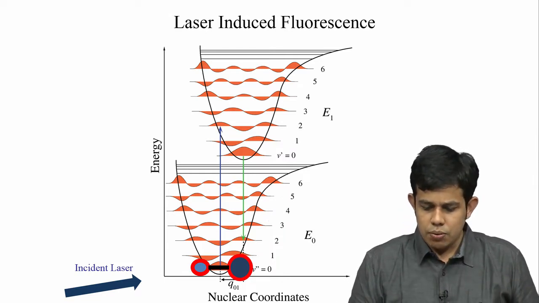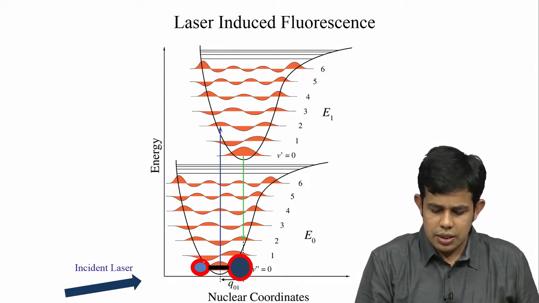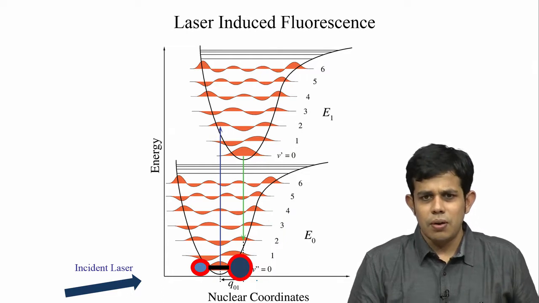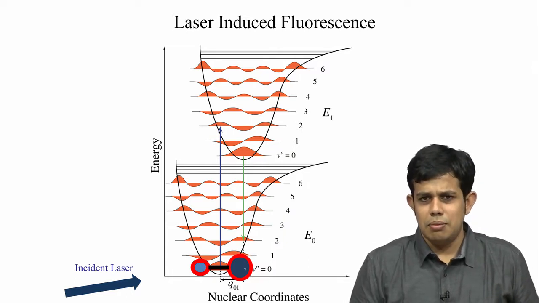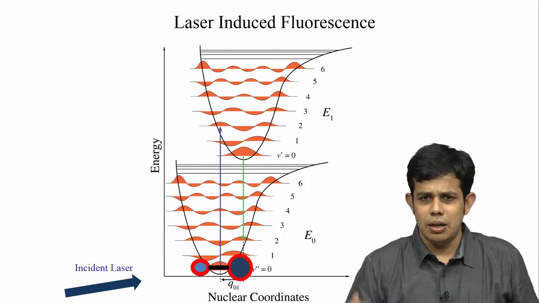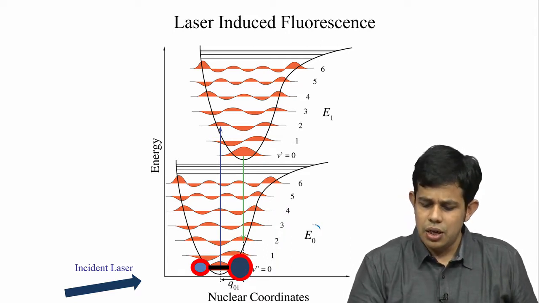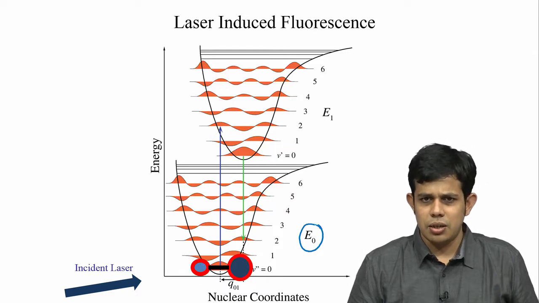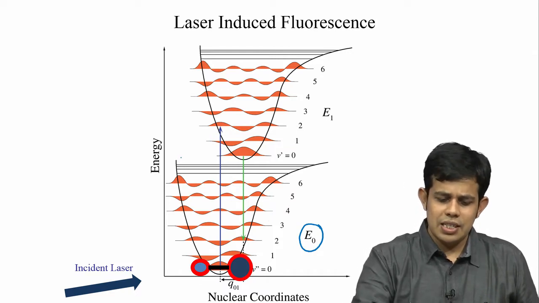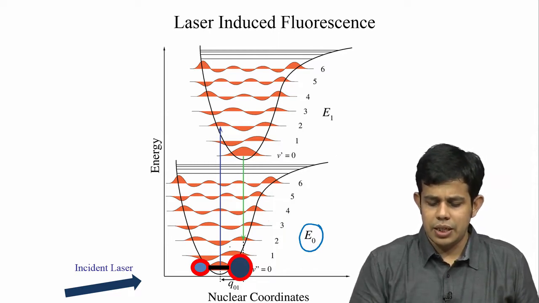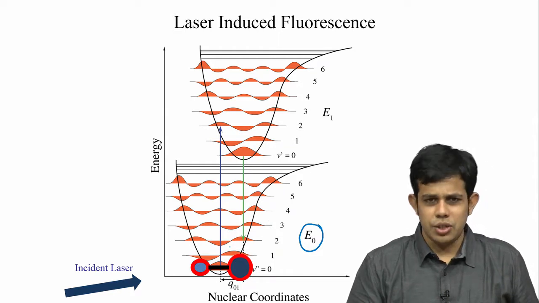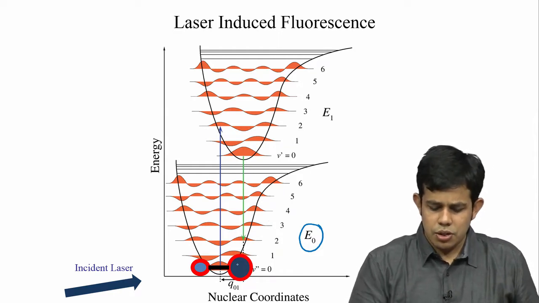Okay. So, as you see here, let us consider that this is an OH radical. This is H, this is O, and it is in a lower electronic state given by E0, and this is how a potential well looks like. In this electronic state there are several other states, rotational states, vibrational states, and these are the corresponding wave functions.